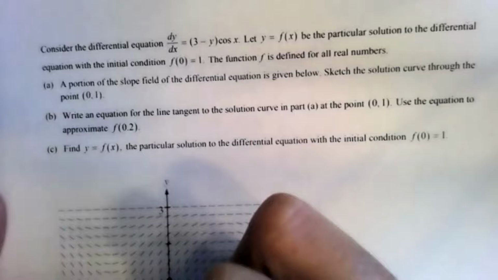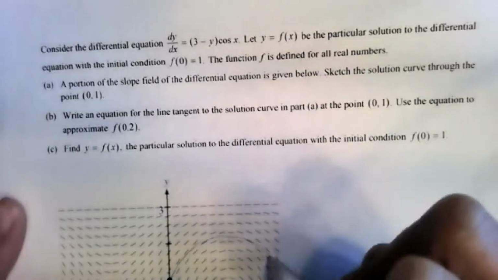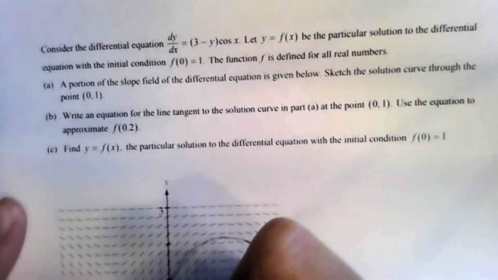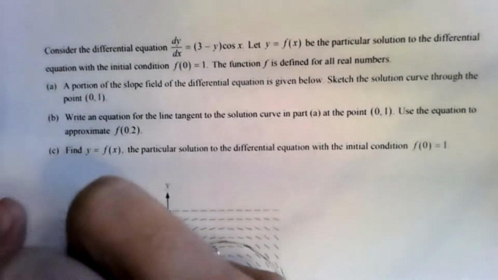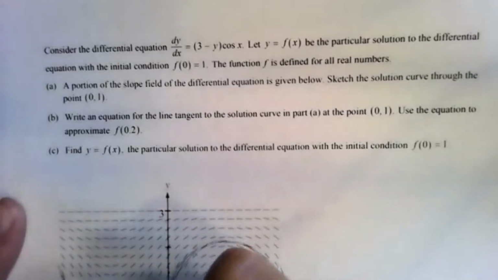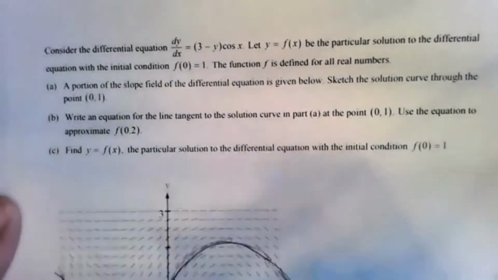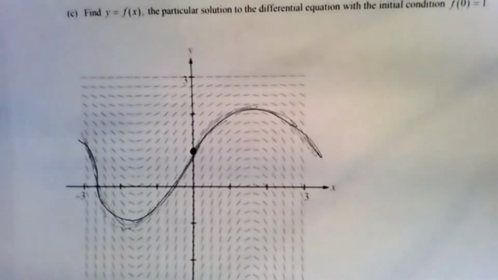And then you're just going to follow the lines. So they go up and then they come back down. And then they're going down and then they're going over and then they're coming back up. All right, and I can kind of see that that looks like a sine graph.